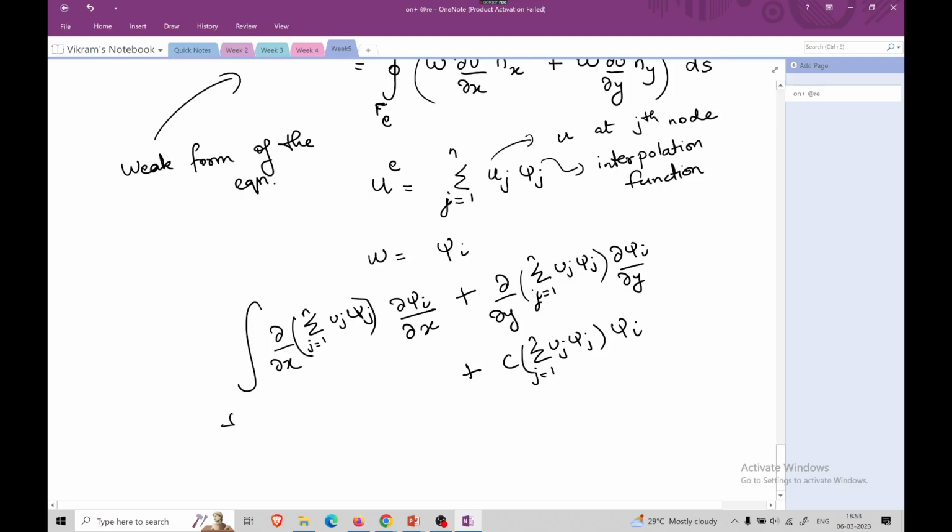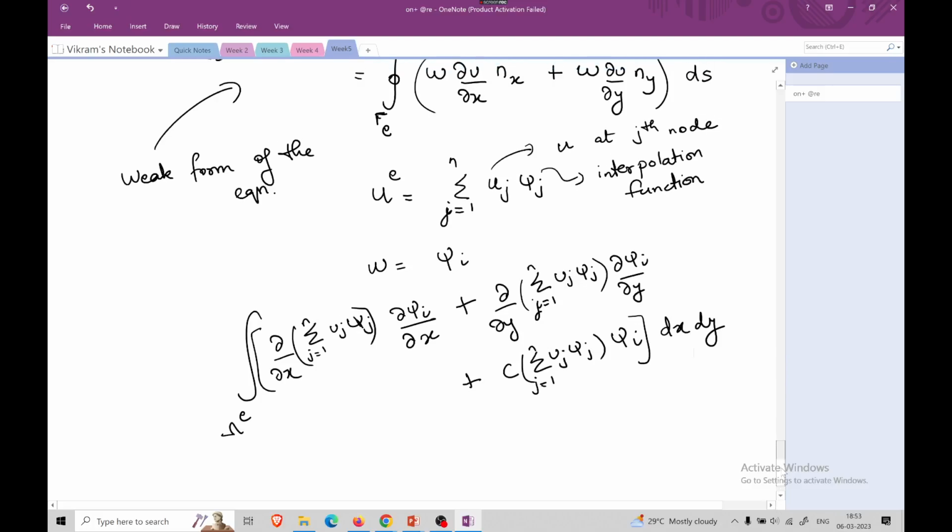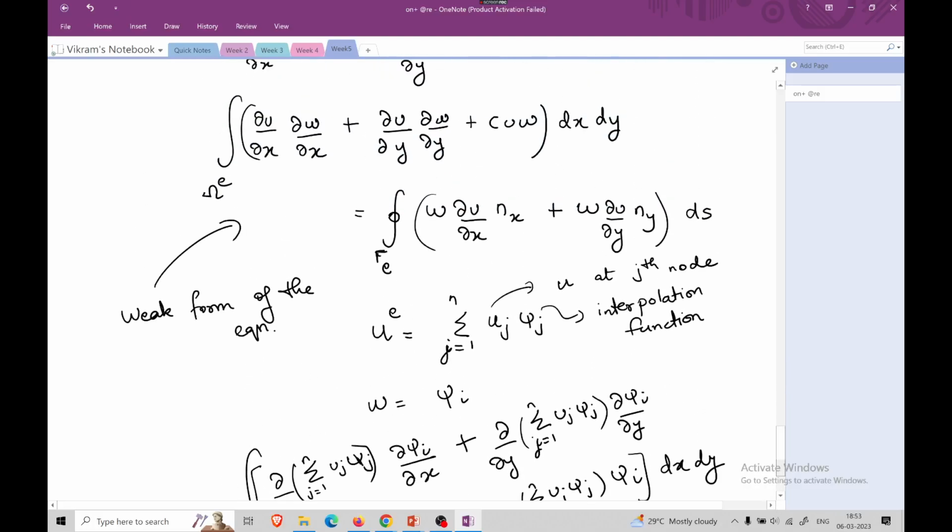This whole thing I am going to integrate across dx dy. This boundary term I am going to keep as it is.